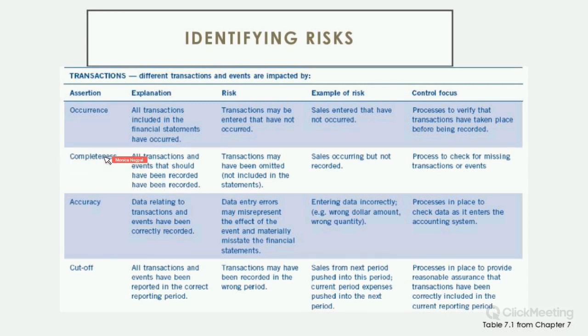So the management of the business asserts that all transactions and events that should have been recorded have been recorded. Now, this becomes a big problem for the businesses. Say, for example, we have a business who operates in electronic goods, JB Hi-Fi, right?